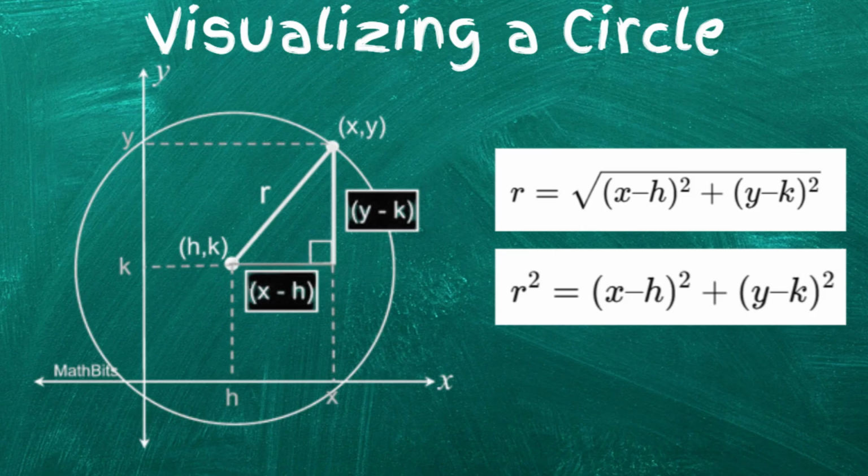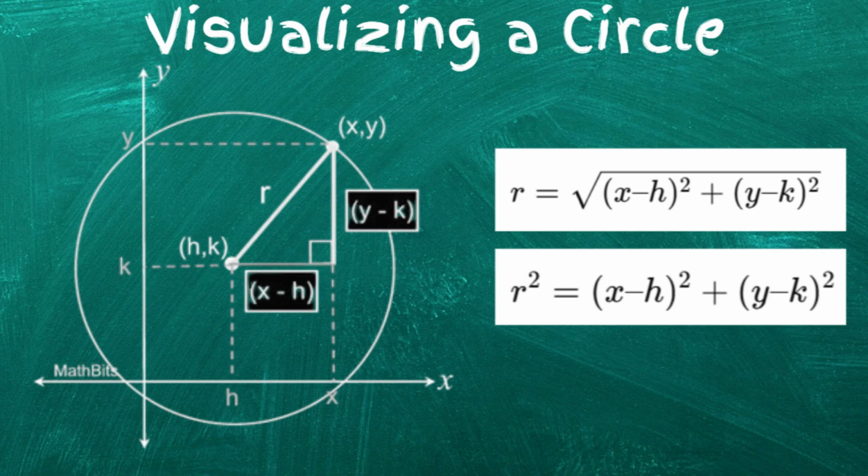The distance formula tells you that the distance between the point (x, y) and the center (h, k), which is r, is equal to the square root of the quantity x minus h squared plus the quantity y minus k squared. Now, notice something immediately.